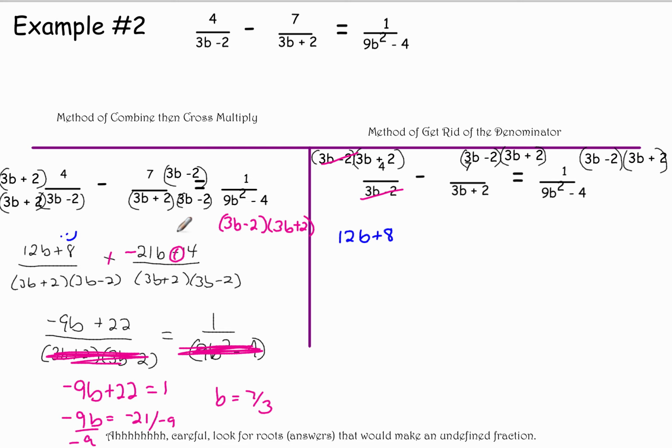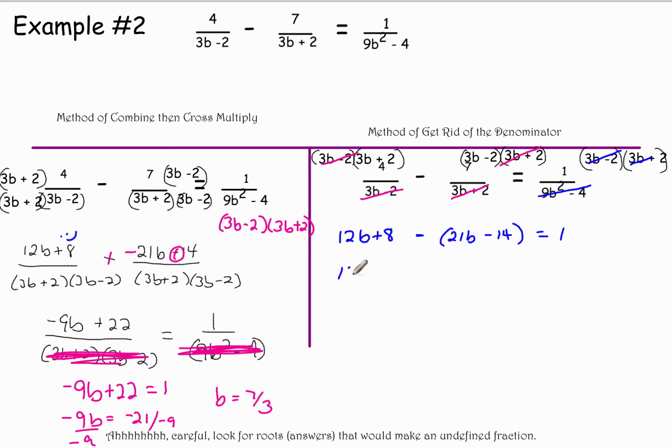Over here, 3b plus 2 cancels out with a 3b plus 2, leaving me with 21b minus 14, but I'm going to put that in parentheses because I've got this minus over here. And then over here, this and this cancel out because that's really 9b squared minus 4 equals 1.